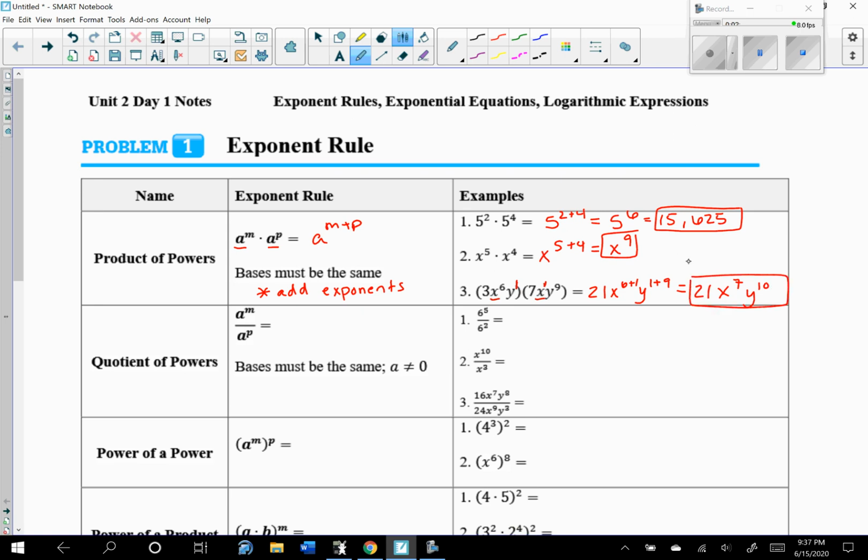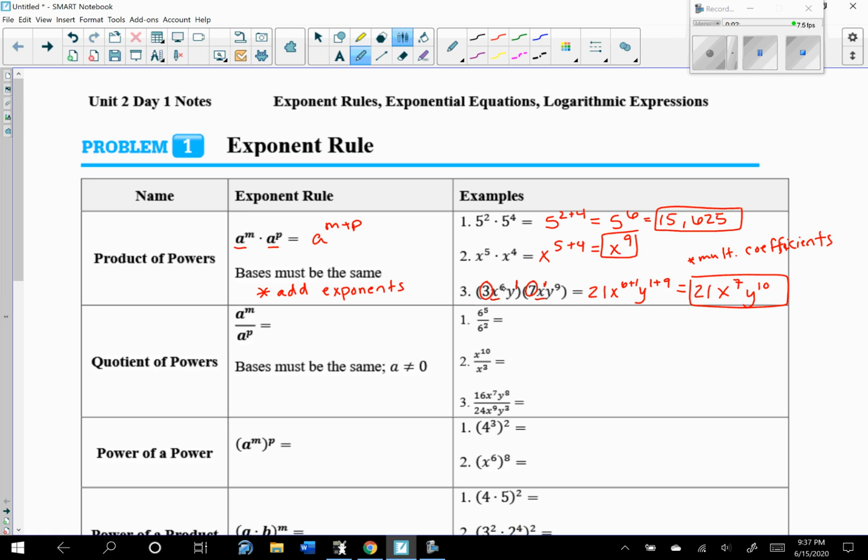Again, make sure to multiply the coefficients, which was the 7 and the 3.